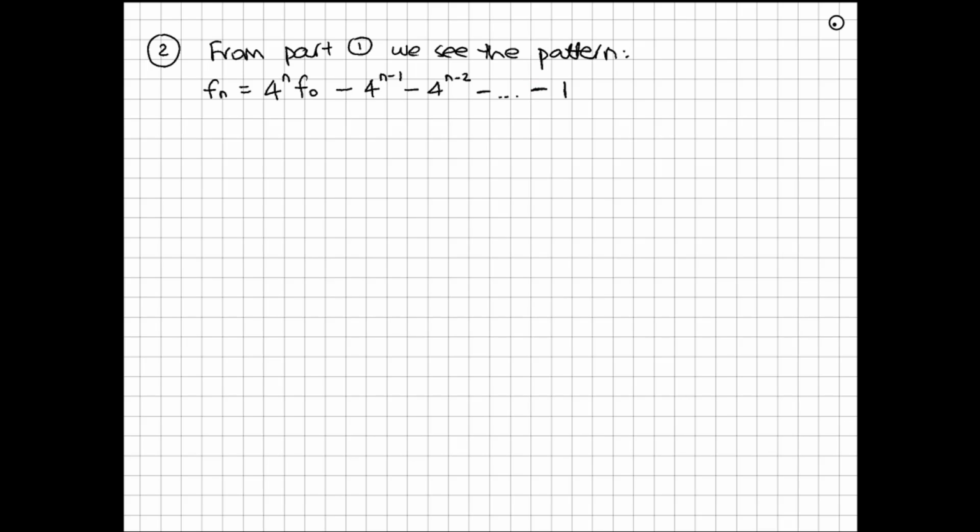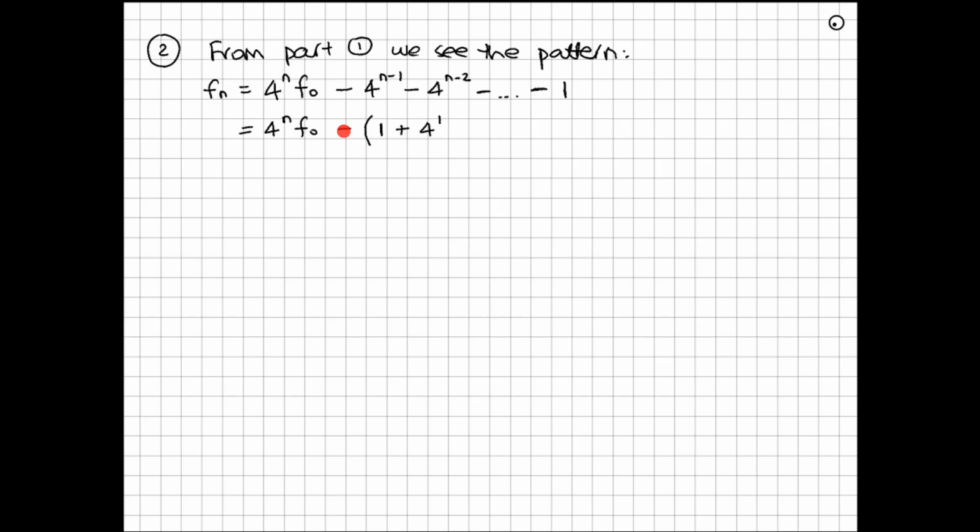We can just factor out. So what we'll do is we'll say that's equal to 4 to the power of n times f0, and what I'll do is I'll factor out the minus. And maybe to make it really clear, I'll just write this in reverse order. So we'll have our 1, which is our new starting term, writing it in the reverse order. And then we'd have plus 4 to the power of 1.